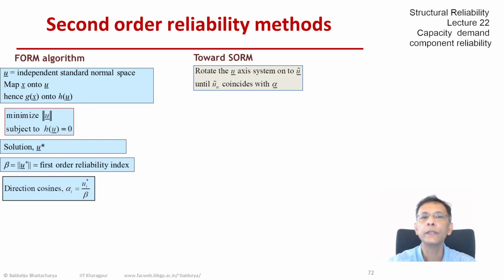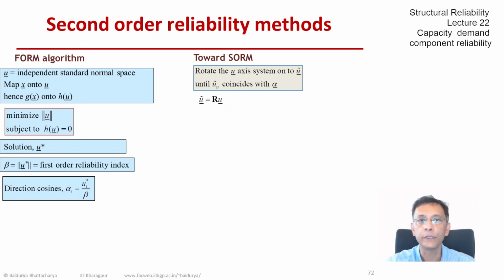So we stick to the minimum distance point. That is the answer given by SORM. So let's say we take one of the axes, the last one, u tilde n, to coincide with that minimum distance direction, which is given by the direction cosines alpha, which we just stated on the left part of your screen. So that is the formal description of the transformation. The u tilde is R times u.